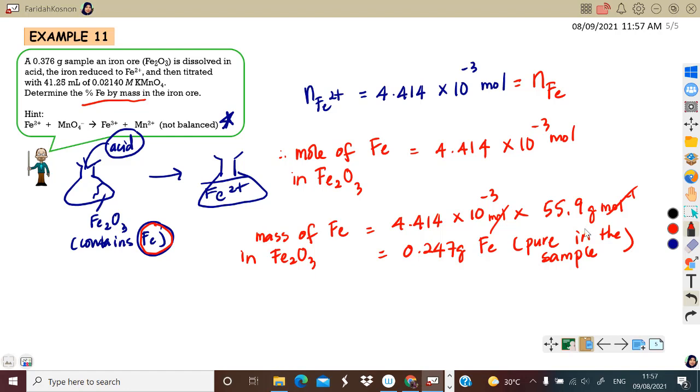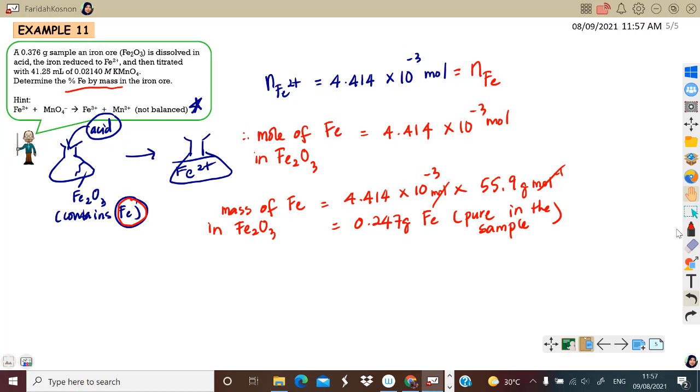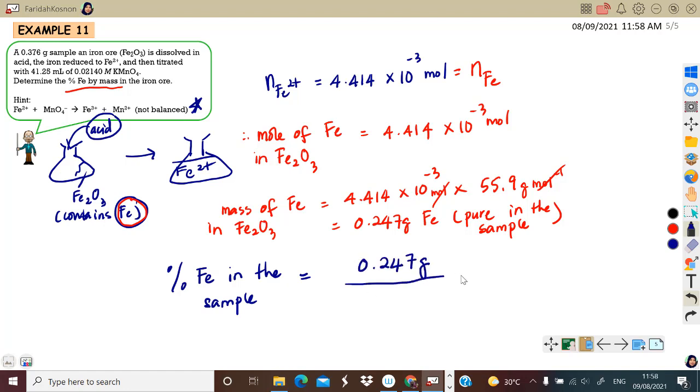Tapi sekarang kita nak percentage by mass iron dalam sampel tu. Of course lah kat sini kita akan gunakan purity of the sample punya relationship. Purity of the sample maksudnya kita continue kat sini. Okay, percentage of iron in the sample equals 0.247 gram divided by the mass of sample, 0.376 gram times 100.